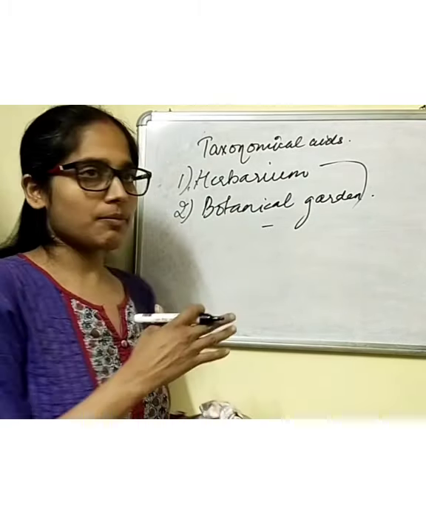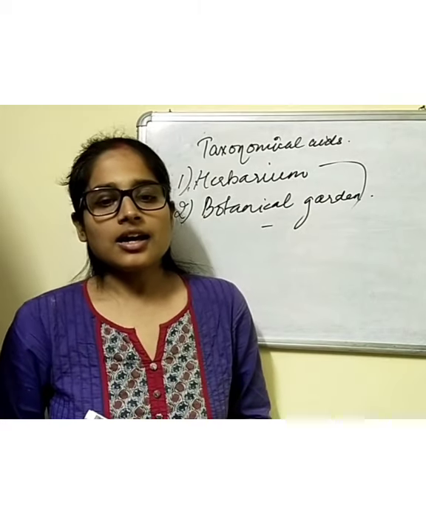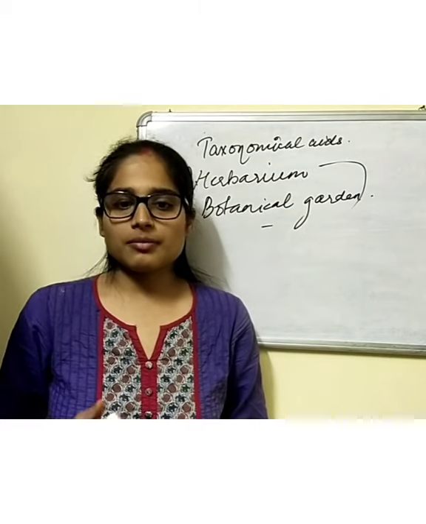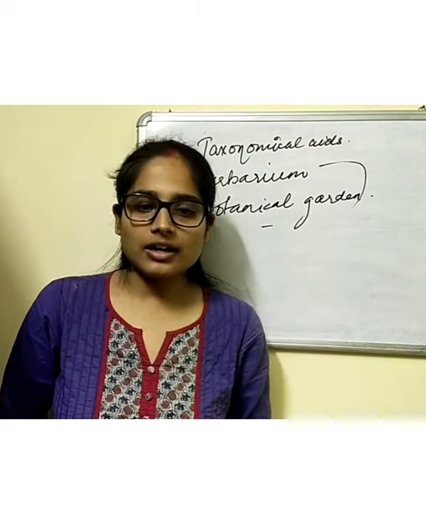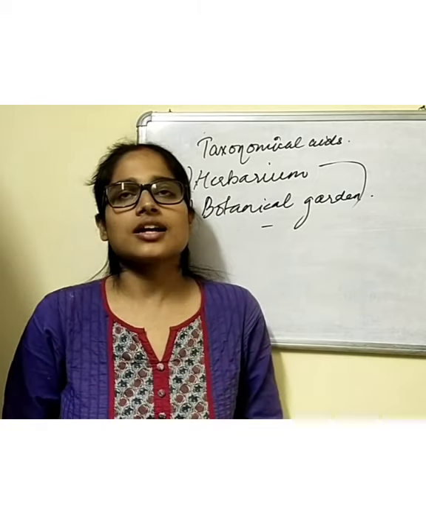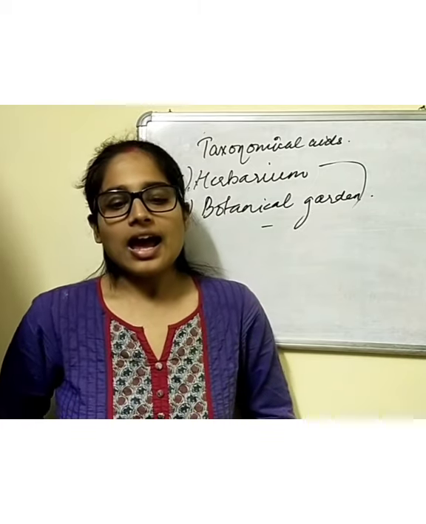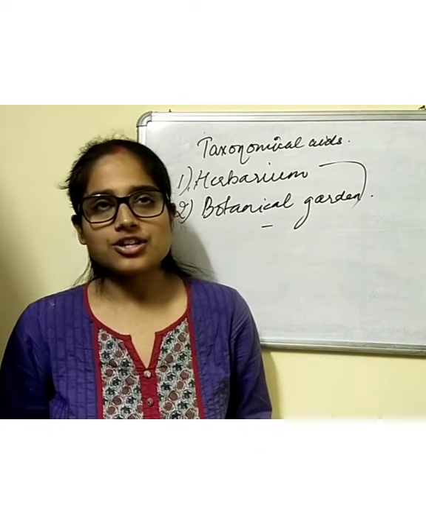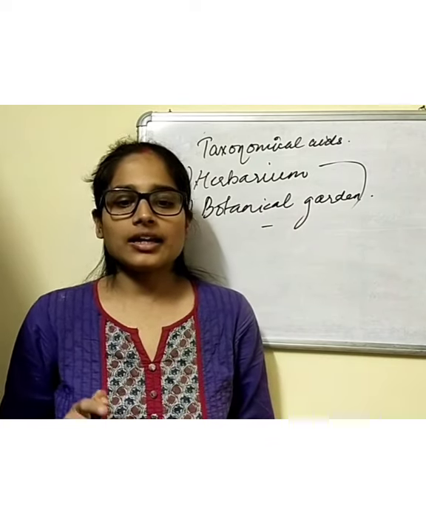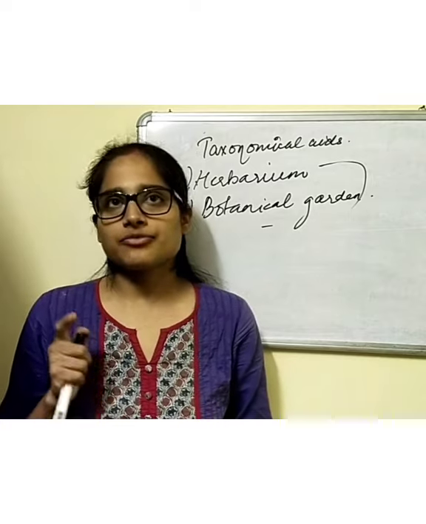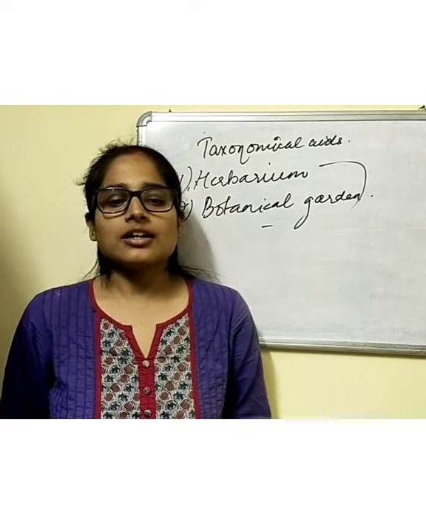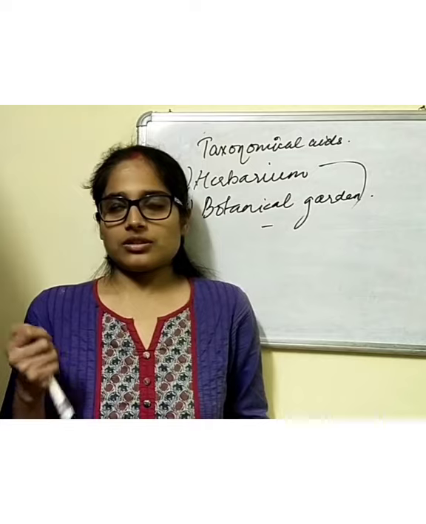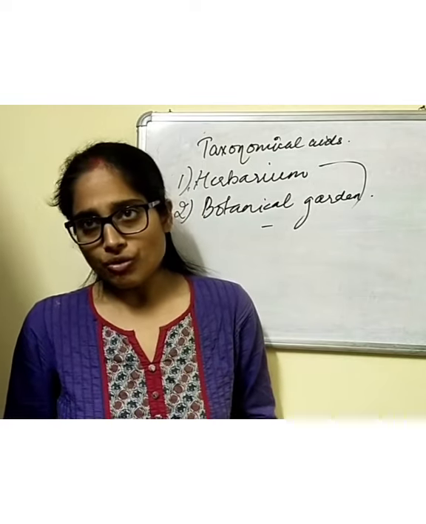The largest herbarium in the world is the Herbarium of the Royal Botanical Garden at Kew in England. And India's largest herbarium is the Central National Herbarium in the Indian Botanical Garden, situated at Kolkata. So these are the two names which you all must know.